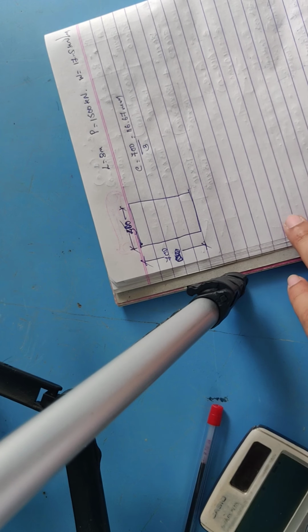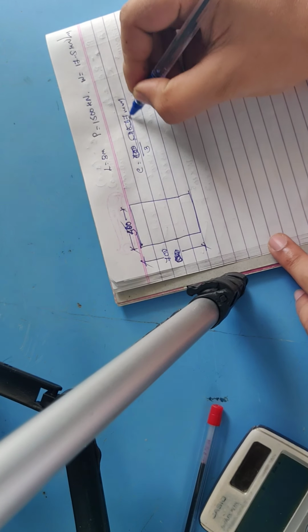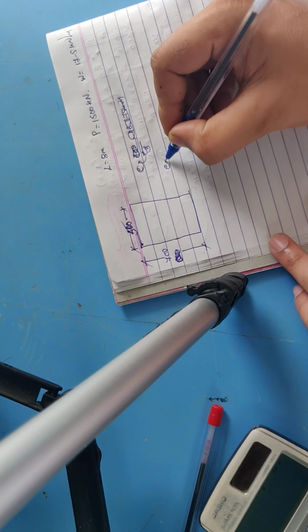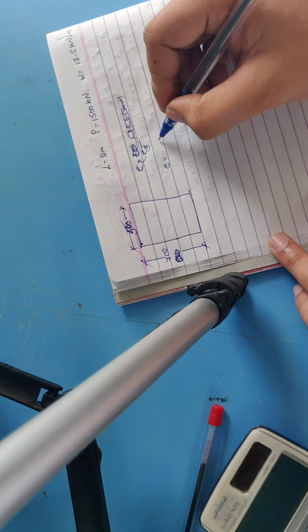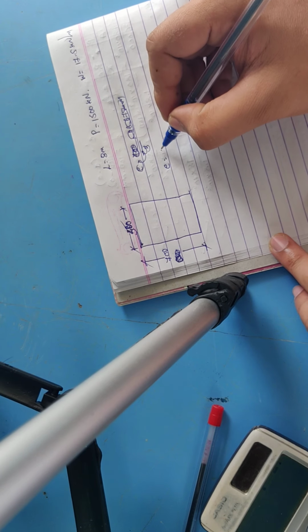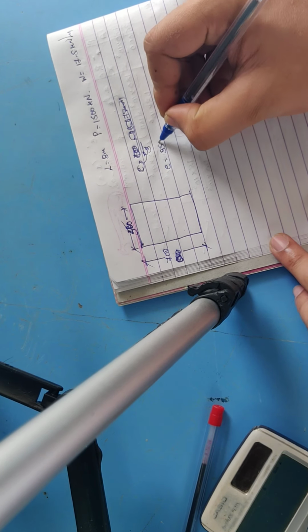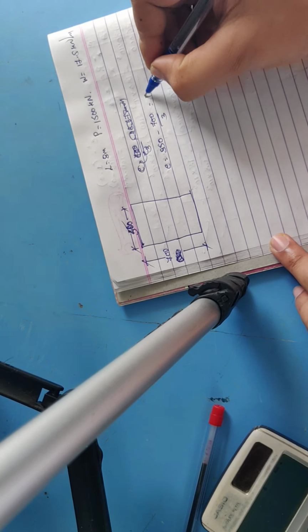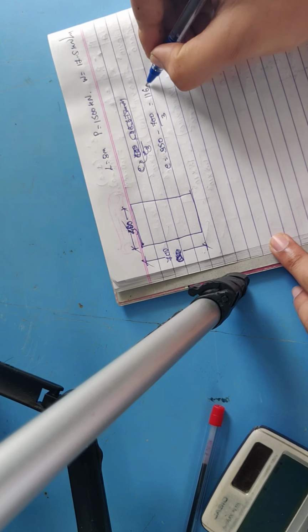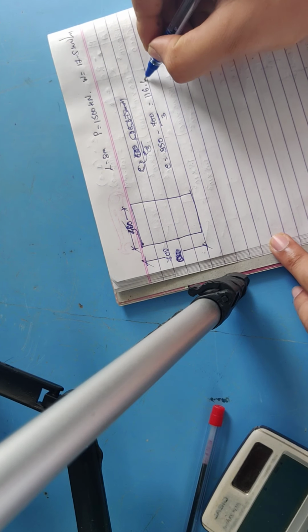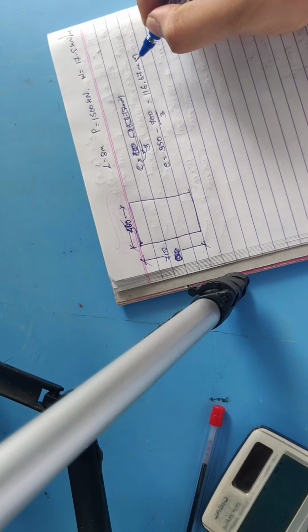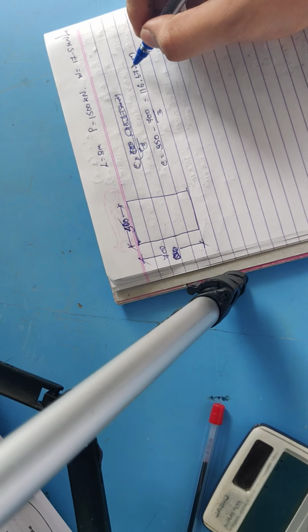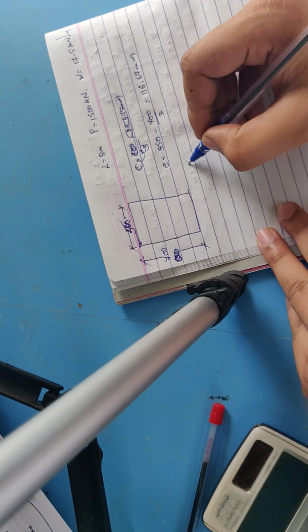Sorry, he has given lower one third. CG is 700 divided by 2, that is 350, minus 700 upon 3, it will be 116.67 mm.